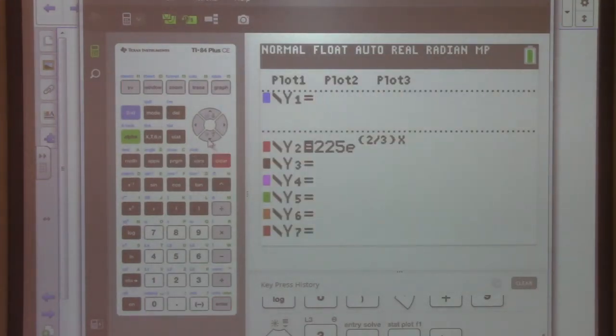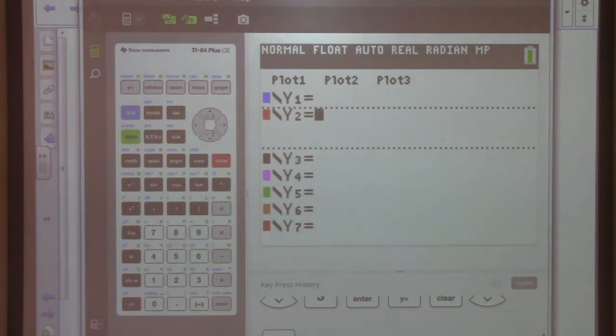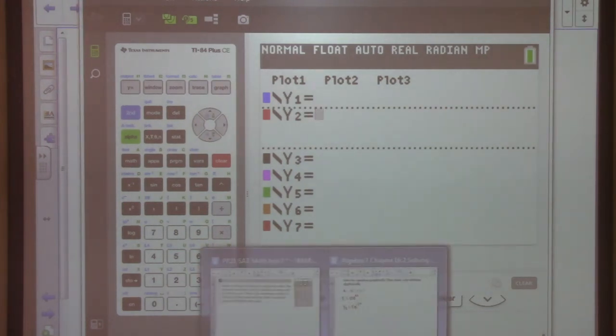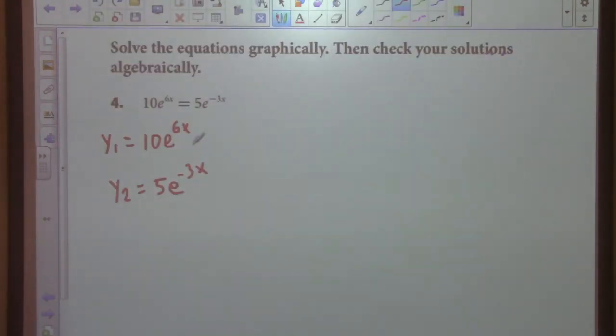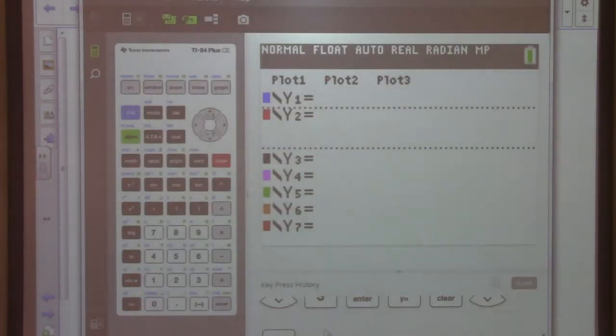And so let's clear out here. So we have 10e to the 6x, 5e to the negative 3x. Does it say solve algebraically though? No, it does not.